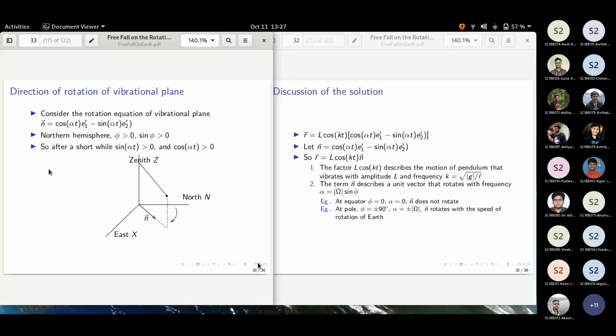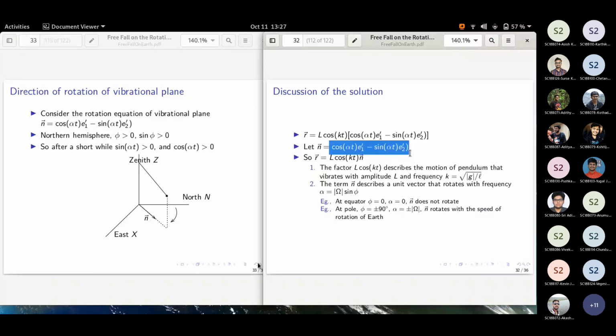The reason is, in which quadrant will n be when cos alpha t and sin alpha t are positive? It is in the fourth quadrant, right? In the fourth quadrant, you have coordinate E1 dash positive and E2 dash negative. Initially you are along the x-axis and then you have moved to the fourth quadrant. That means the motion is anti-clockwise. Sorry, clockwise. Is that correct? Yes, sir, the vector motion is clockwise. Yes, the n vector moves in the clockwise direction.